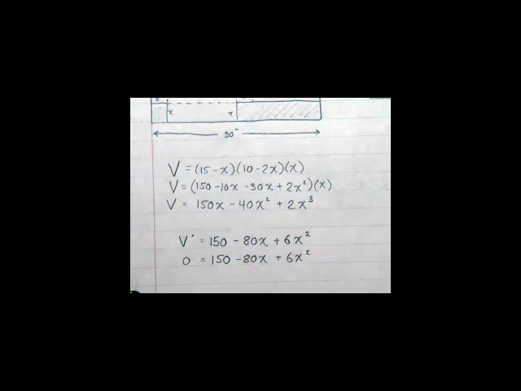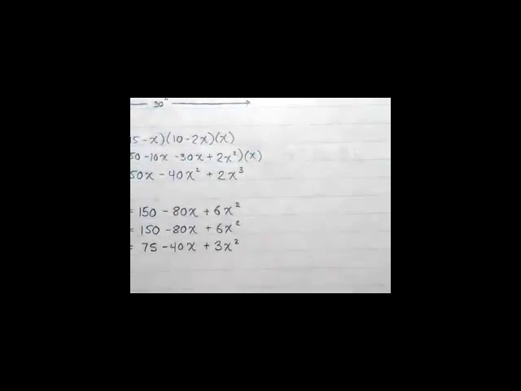3 does not go into 80. 6 does not go into 80. 2, thank you. All right, so let's use that one. We'll go quadratic formula on this thing.